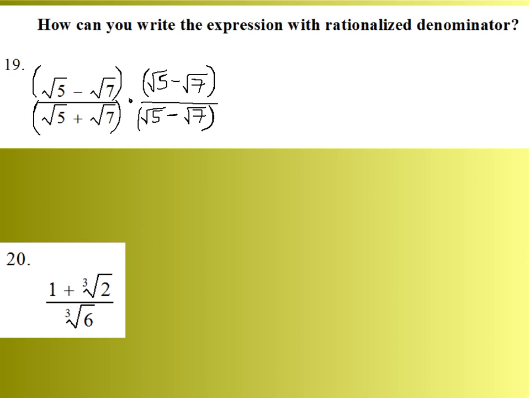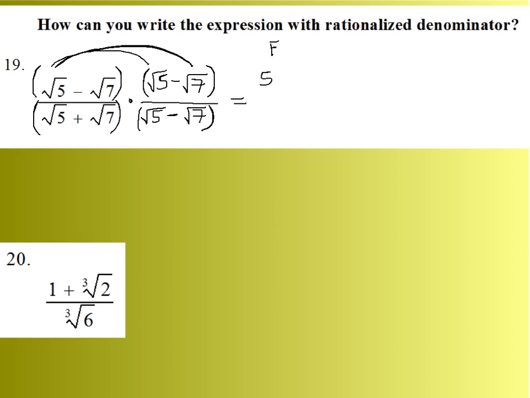Now, our numerator, that's going to be FOIL, because we have a binomial times a binomial. So let's work that out first and simplify it all the way, and then we'll go back and multiply out our denominator. So square root of 5 times the square root of 5, that's our first, and we just get 5.